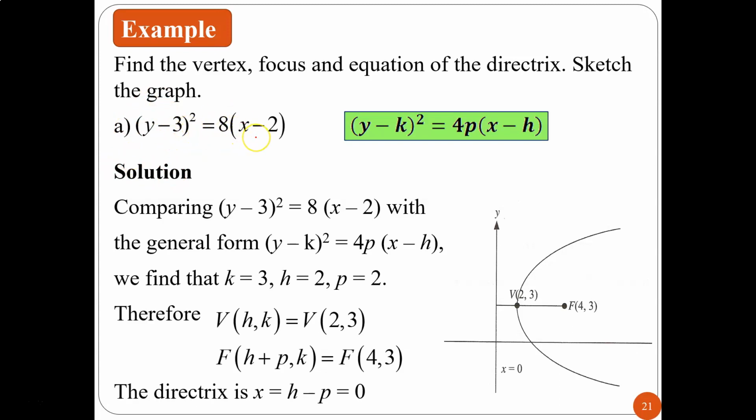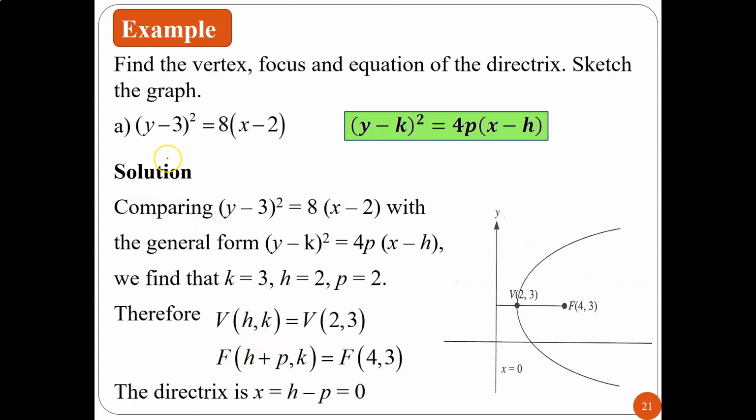If we refer back to the end of this equation, you have x at the back. So you compare to this one. Why do I need to compare? It's because I need to find k, h, and my p, so that I can obtain my V, F, and also my directrix.